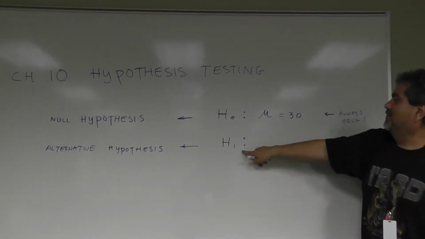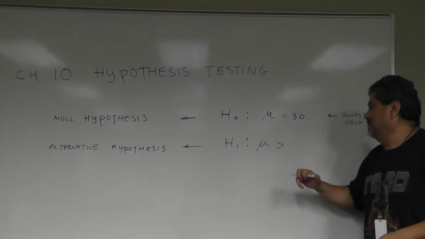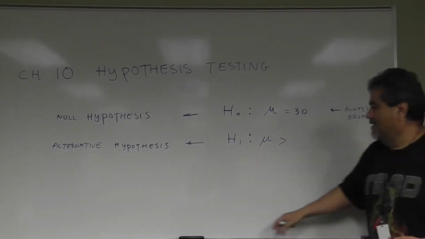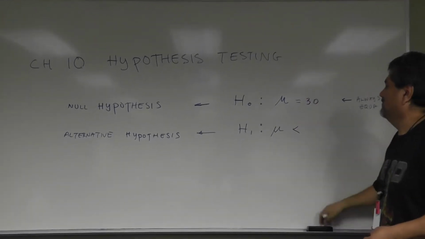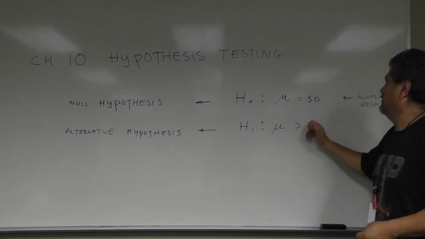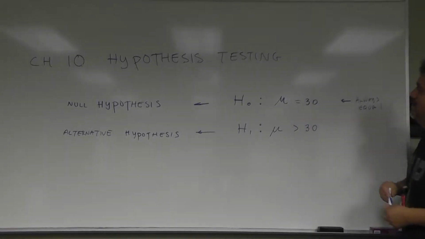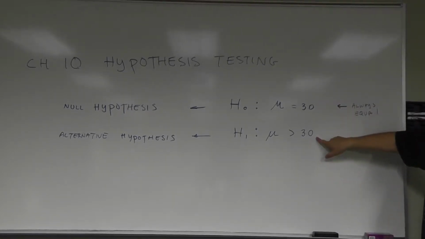And then the alternative will be, well, it could be maybe greater, or sometimes it could be less than. But for right now, let's leave it as greater than 30. And it will always be the same number here and here.